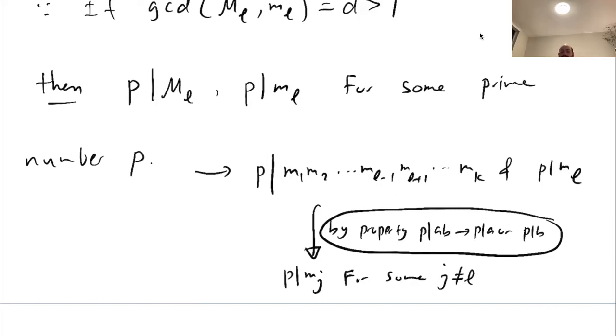Similarly, this can be generalized: if a prime number divides the product of a few numbers, then it divides at least one of them. So P divides the product M1 to ML minus 1, ML plus 1 to MK, which means P divides MJ for some J not equal to L.